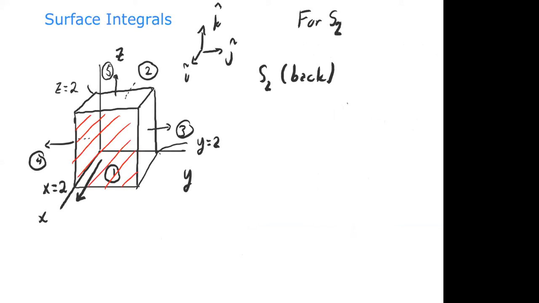And I leave it to you to prove to yourself that the differential surface element for S2 is minus i hat dy dz, because the unit normal vector n hat is going to point in the minus i hat direction.